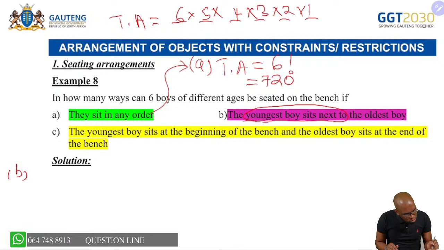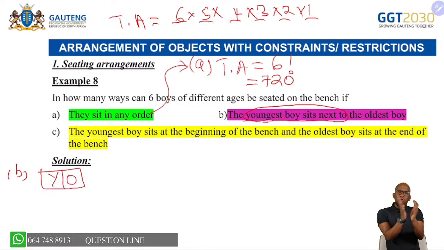Now what we're going to do is we're going to group them, the youngest and the oldest, which means when they move within that particular arrangement, they should be moving together. That's what it says.